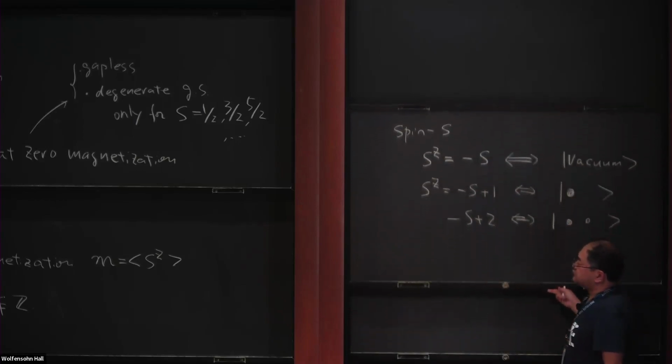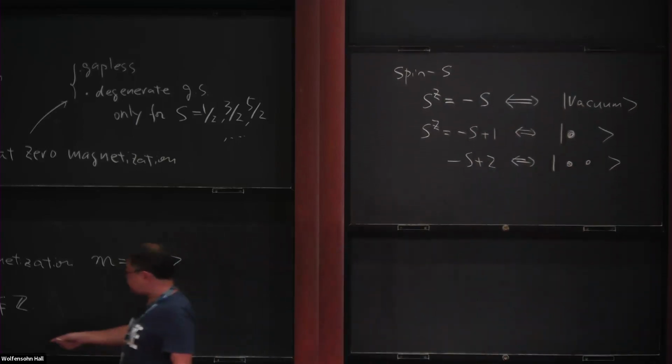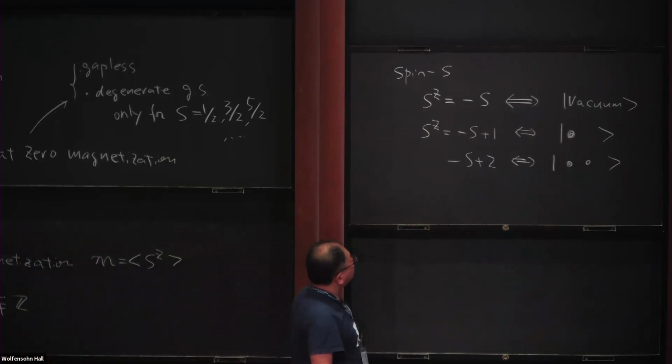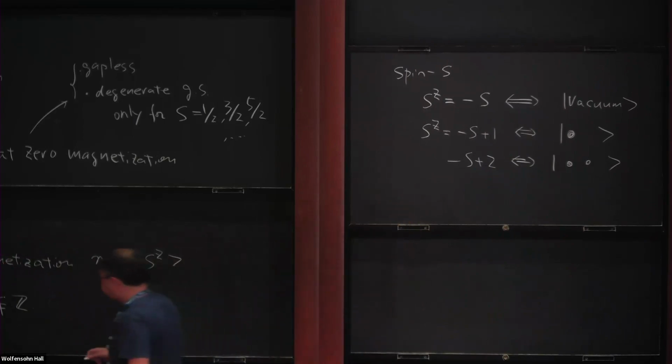Then this mysterious number S minus M is nothing but, okay, maybe this is opposite. So yeah, it's the same condition. S minus M and S plus M are the same condition because 2S is an integer.